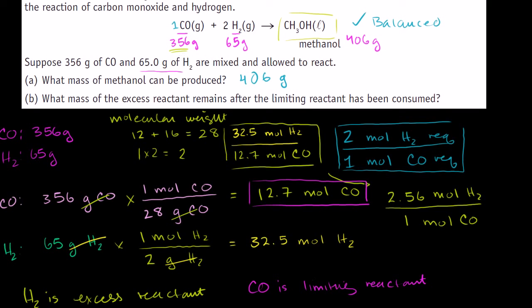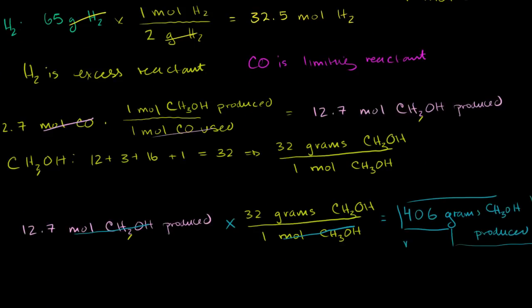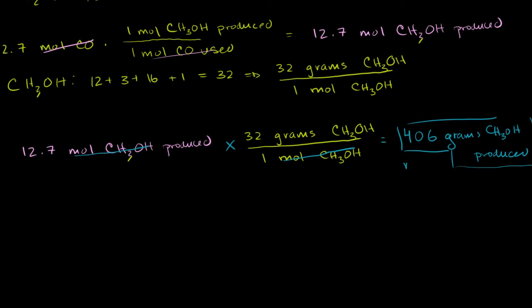So let's think about it a little bit. On the left-hand side, how many total grams do we have? 356 plus 65, we're starting off with 421 grams of reactant.